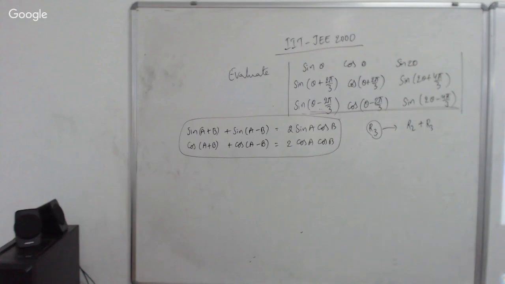Try. Sai Durga Prasad, you said that it is 0. Okay? Try again, try.